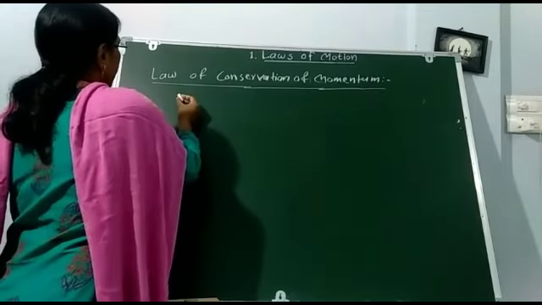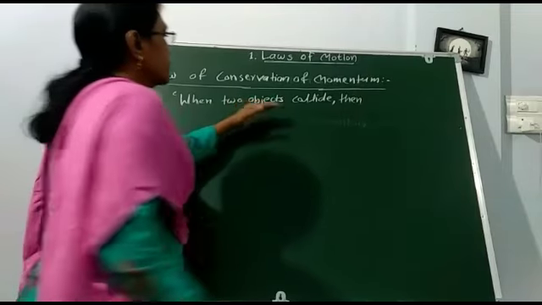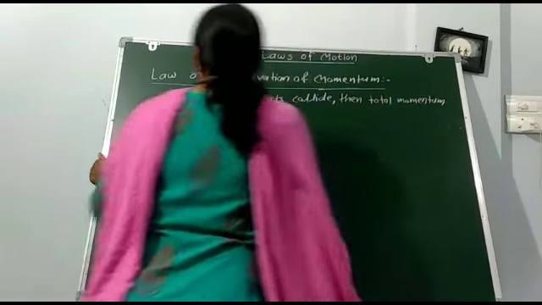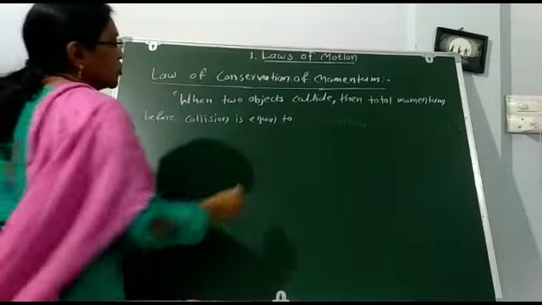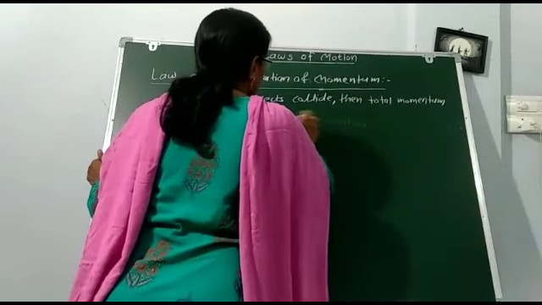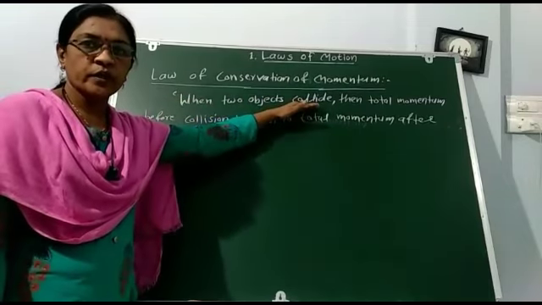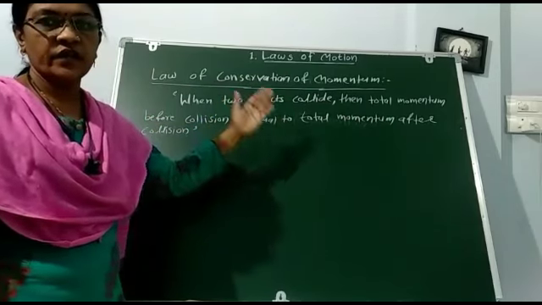So, the statement of this law is: when two objects collide, then total momentum before collision is equal to total momentum after collision. This is the law of conservation of momentum. We can express this law in mathematical form.